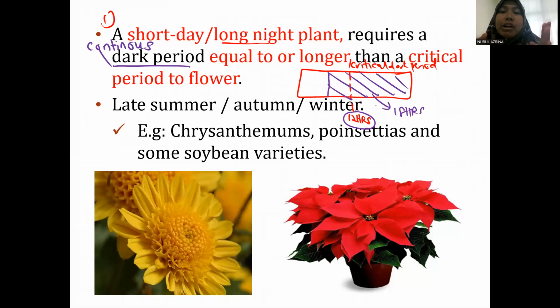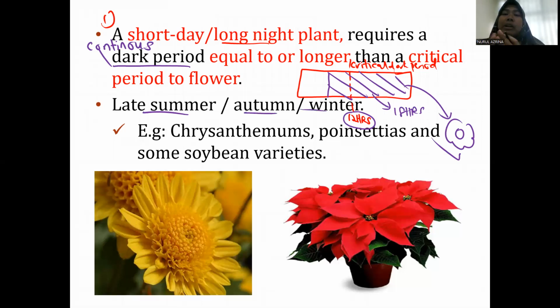A long night plant requires a longer, continuous dark period than the critical period to flower. So when it meets this kind of condition, then the plant will flower. That is for the long night plant, or what we call a short day plant. This kind of plant usually blooms or flowers during late summer, autumn, or winter.